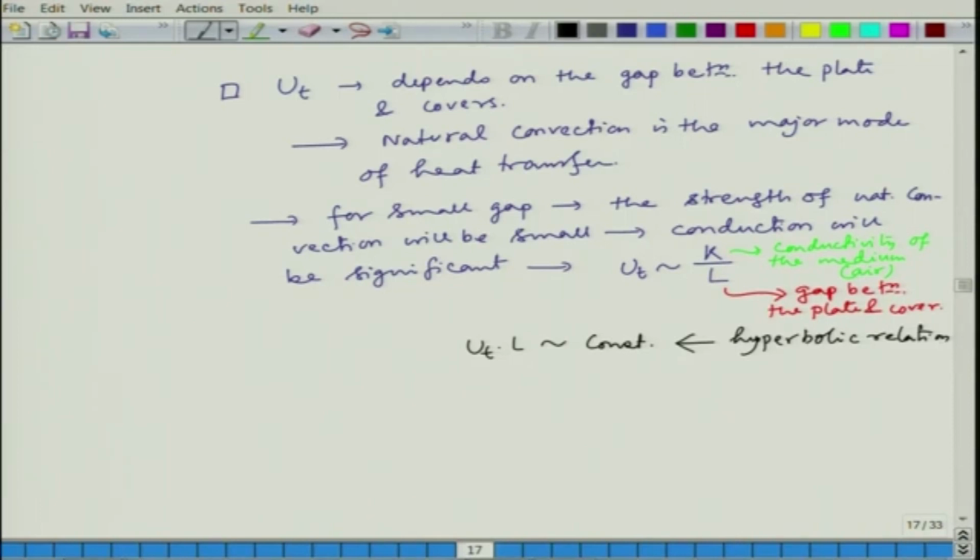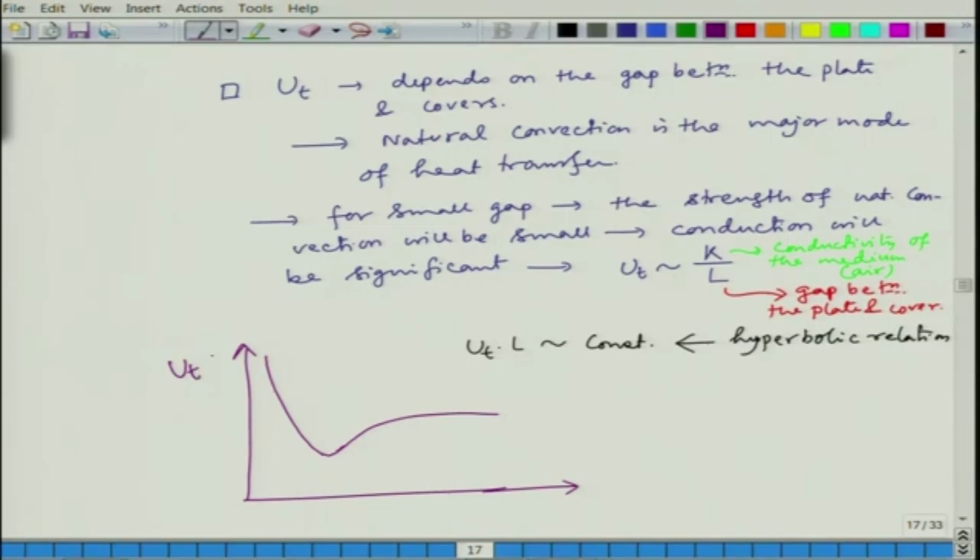So, what we see in reality is the following, that for small gap we have some hyperbolic dependence, and as the gap increases, the natural convection becomes more and more strong. So, we will have natural convection dominate in terms of the overall heat transfer coefficient.